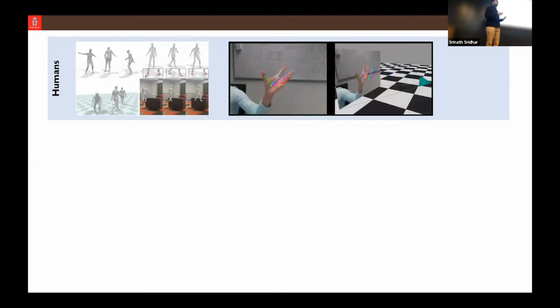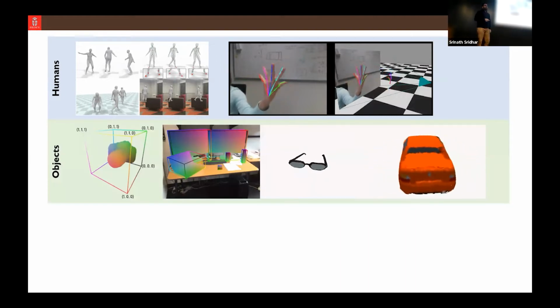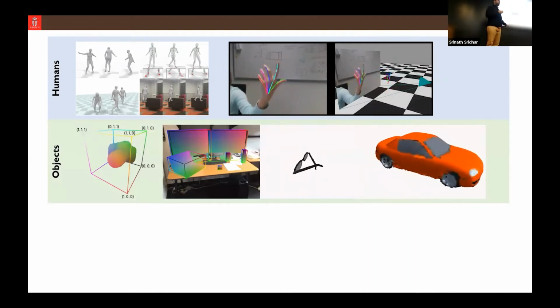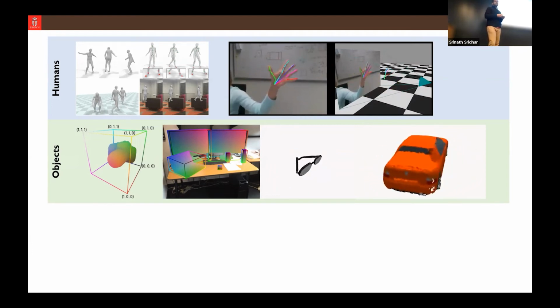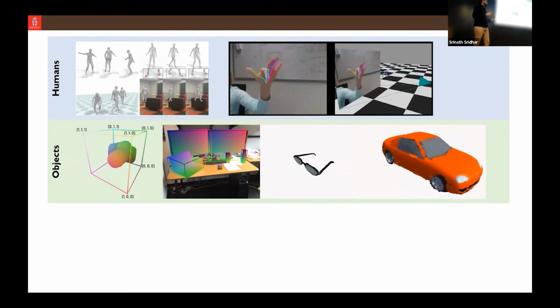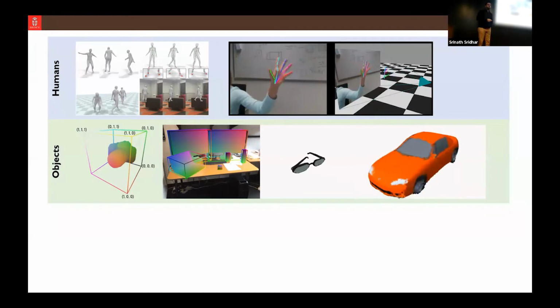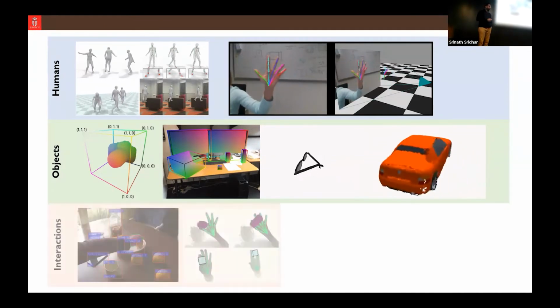We work on visual understanding of human hands, like what is the pose involved in human hand motion. We're also interested in objects, so we built 3D computer vision machine learning tools for understanding the pose of objects, the shape of objects, and trying to reconstruct these objects from images and so on and so forth.